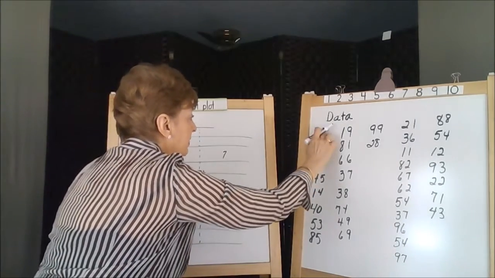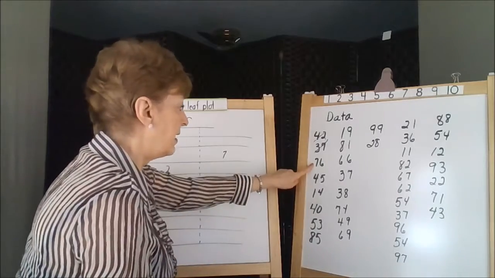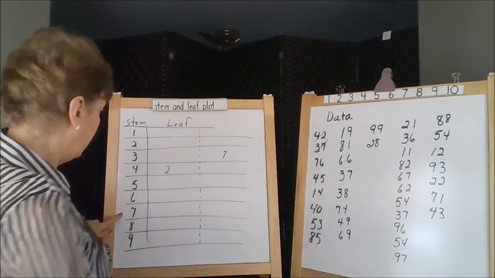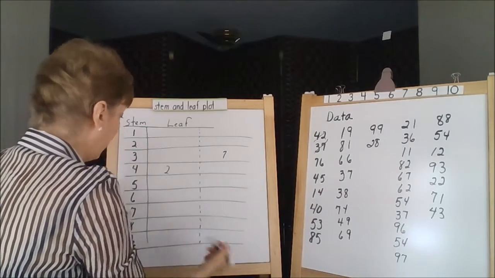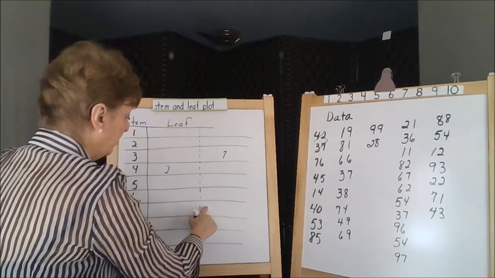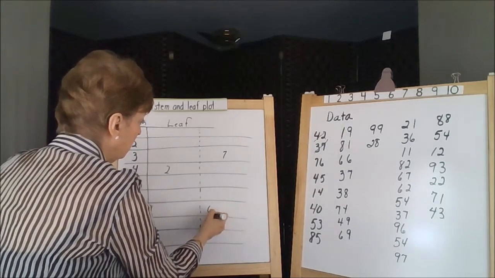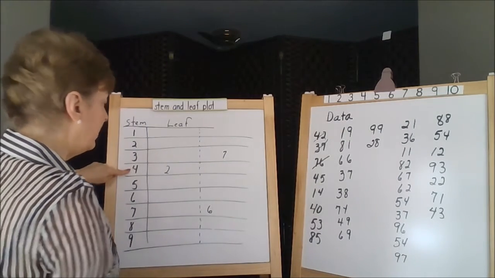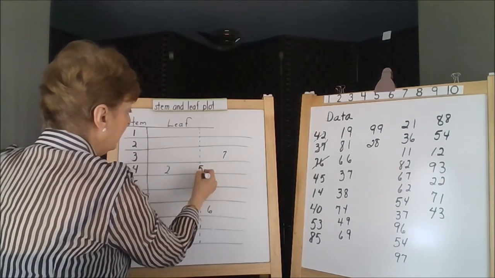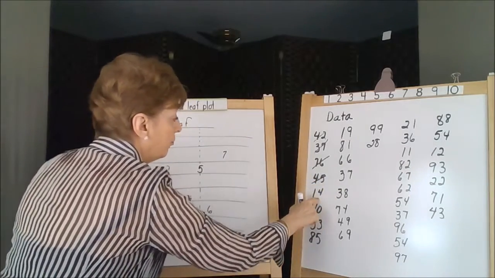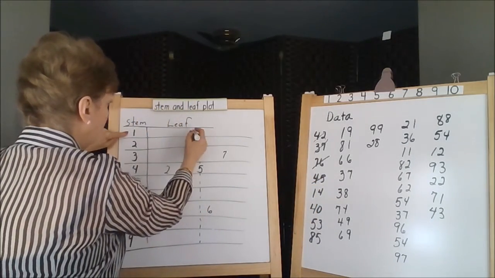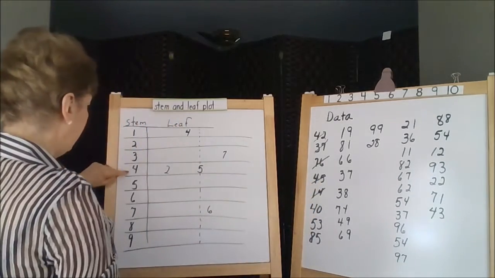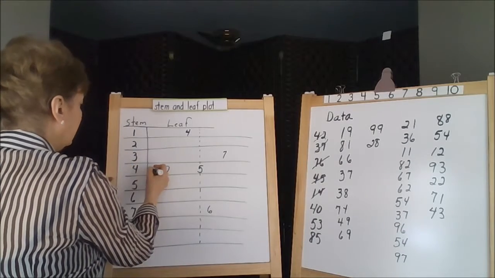Okay, so our 37 is done. 76, go to the 70s in the stem, and 6, if I wrote the number out, 76, it would be probably about here. 45, I'm back to my 40 stem, and the 5 would probably go right on the dotted line. 14 would probably be about here. 40, that would be right up against this solid line.